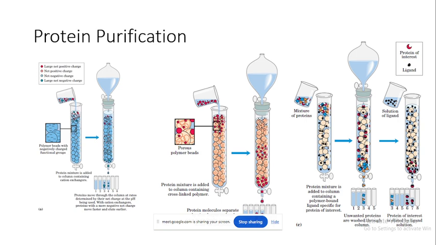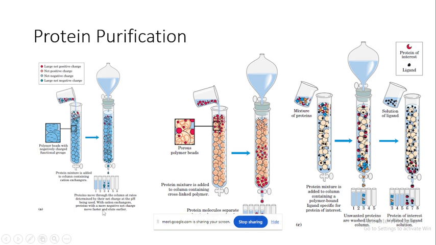They should not interact, because they both have negative charge. So there will be repulsion, negative, negative repulsion. So they will not interact with the stationary phase, so they will come out, right?